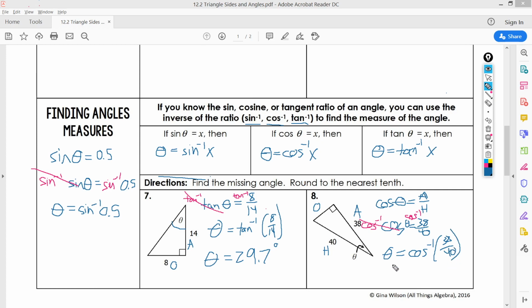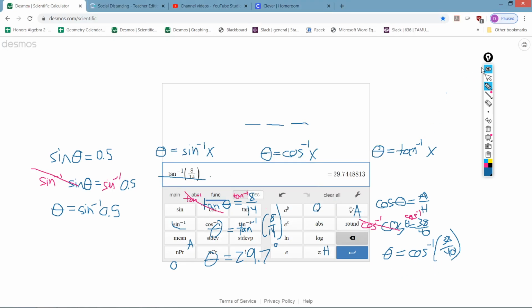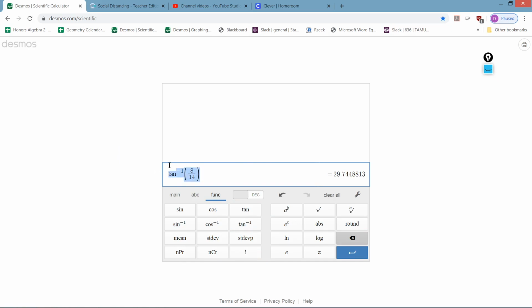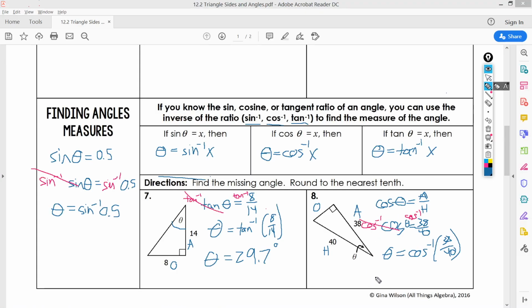Just type in a calculator. Here's cosine inverse of 38 over 40, and there's my answer, 18.19, which I'd round to 18.2. So theta equals 18.2. Okay.